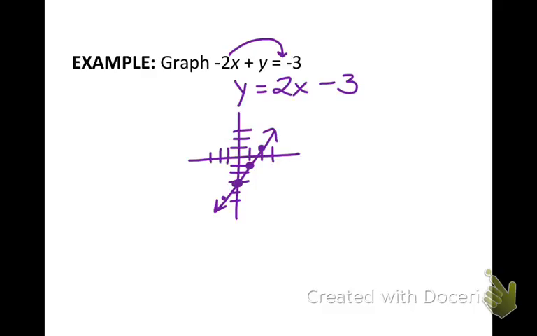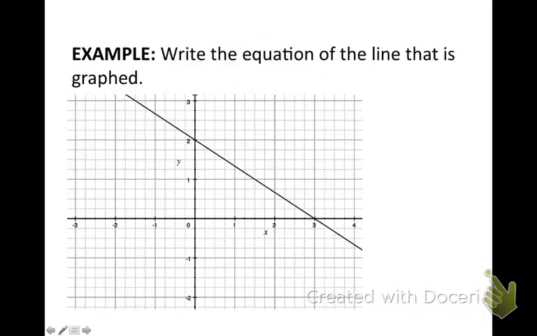So, can we find the slope between 2 points? Yes. Can we identify x and y intercepts and graph them? Hopefully, yes. Can we change something into slope-intercept form and then get the graph of it? Yes. Can we do the reverse? If I give you a graph, can you give me the equation? Yeah.